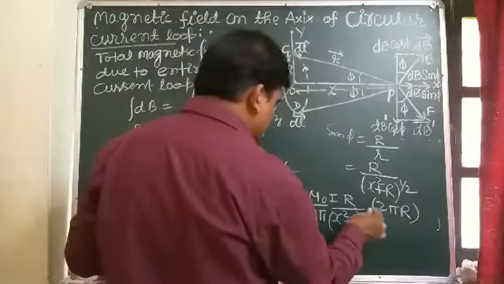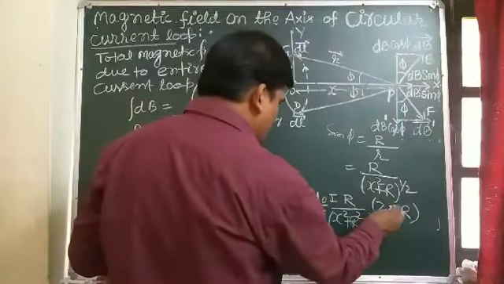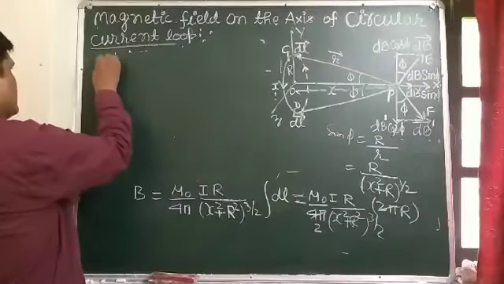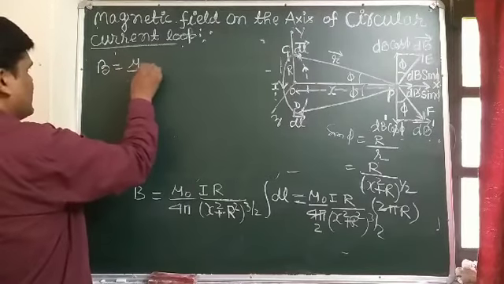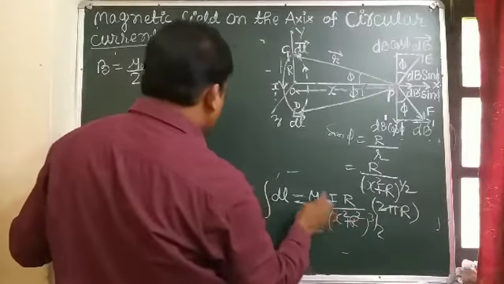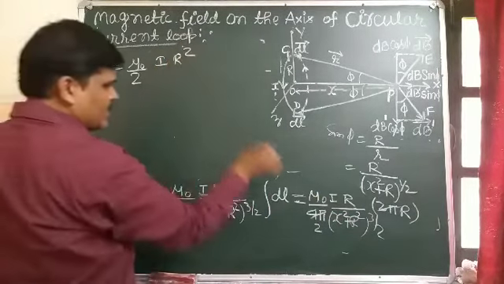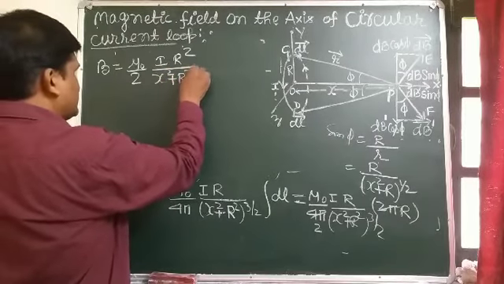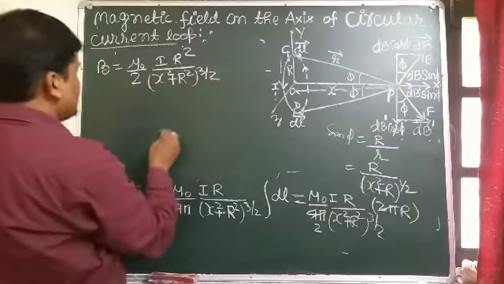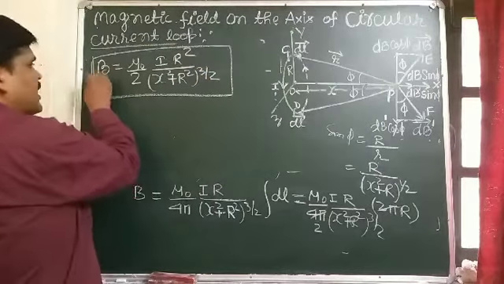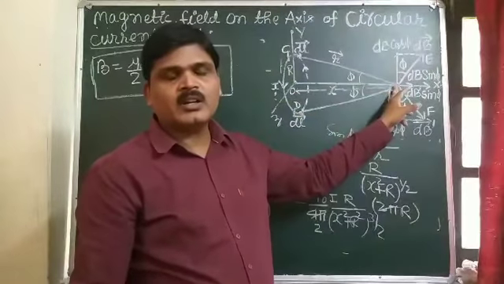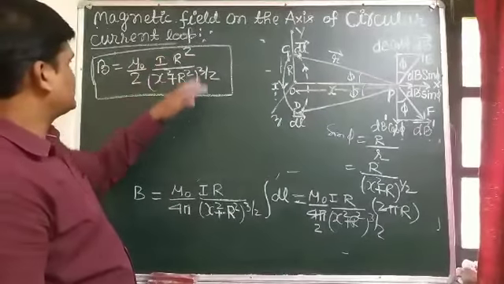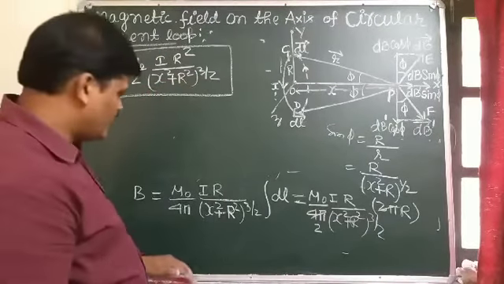And student, 2 pi cancels out, 2 comes out, and the final formula is B equal to mu naught by 2, because 2 pi cancels out, I r square by x square plus r square to the power 3 by 2, and this is the formula of the magnetic field on the axis of the circular current loop.